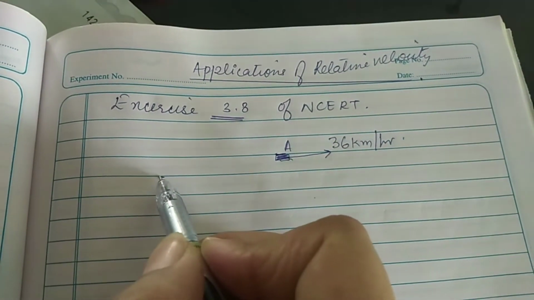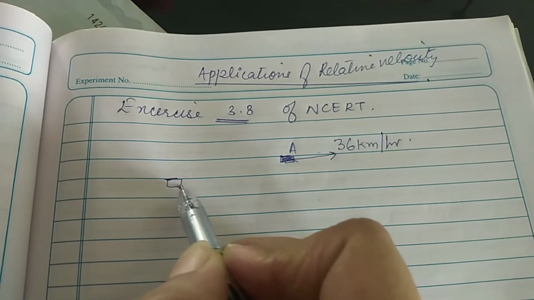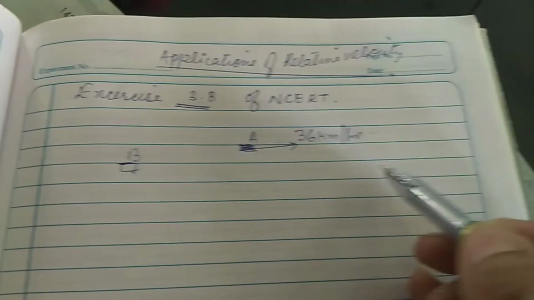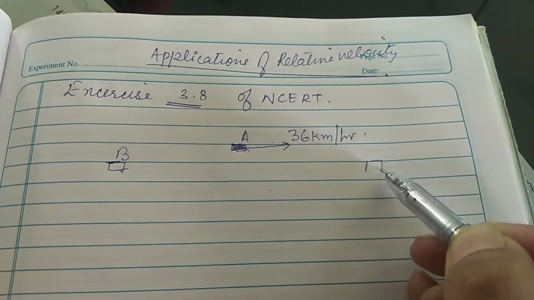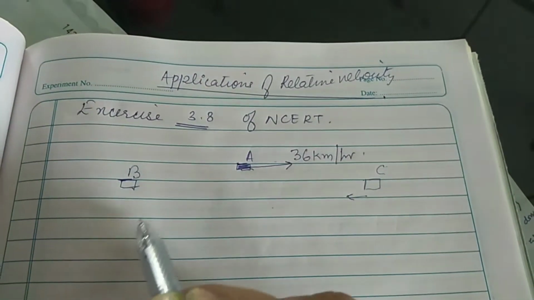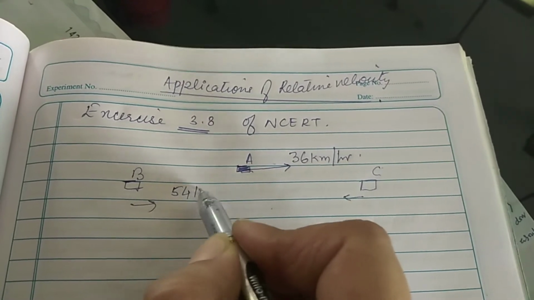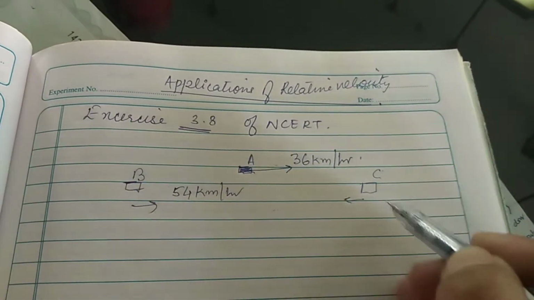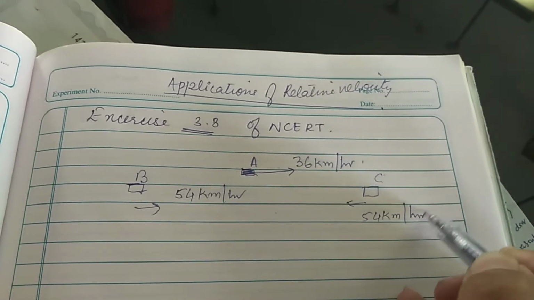Car B will overtake, so it is also moving in the same direction. So this is car B, and this is car C. Car C and car B are moving in the opposite direction with the speed of 54 km per hour. This is also 54 km per hour.